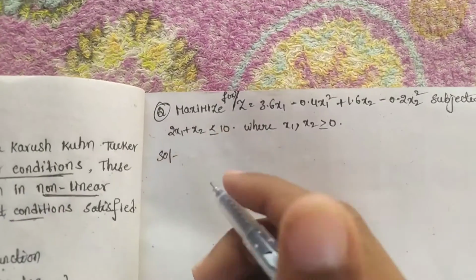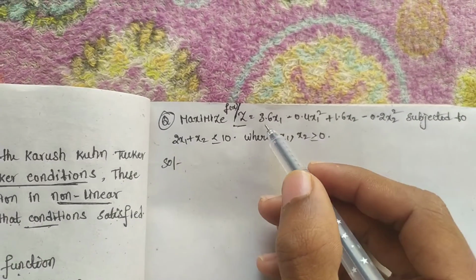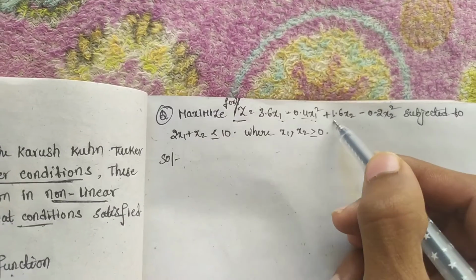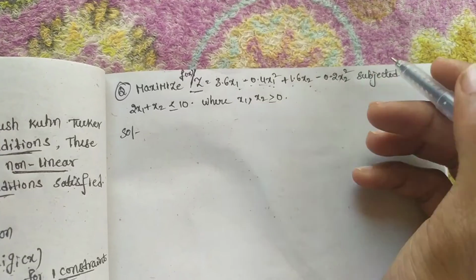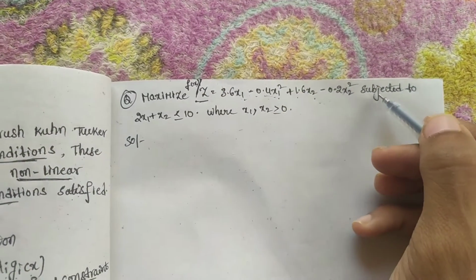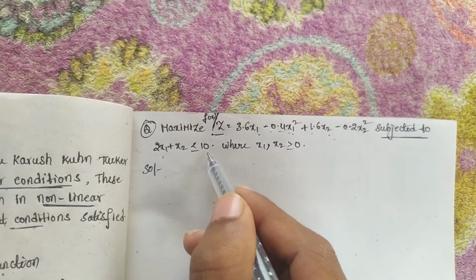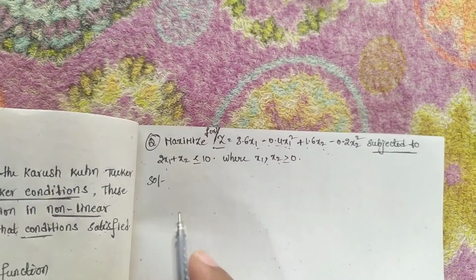The question is: maximize f of x, or z, equals 3.6x1 minus 0.4x1 square plus 1.6x2 minus 0.2x2 square, subject to 2x1 plus x2 less than or equal to 10, where x1, x2 are greater than or equal to 0. Let us start the problem.